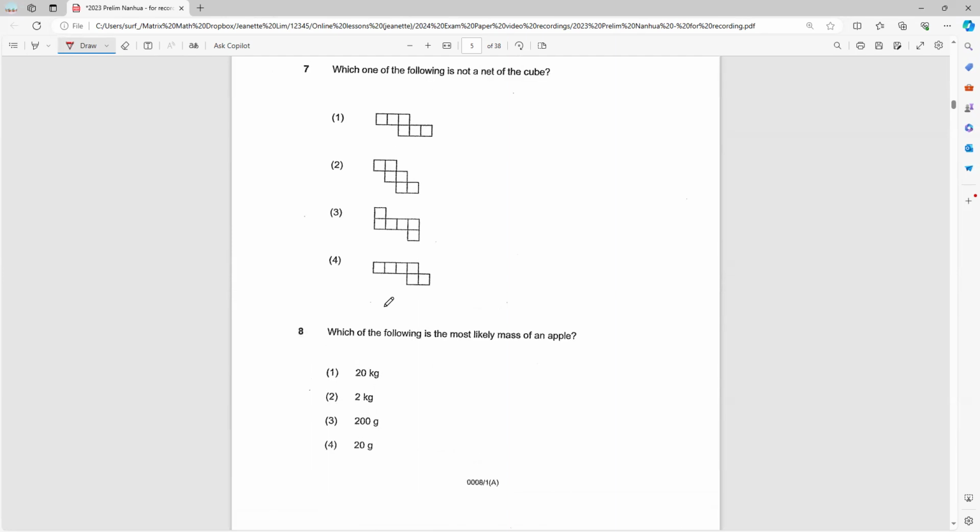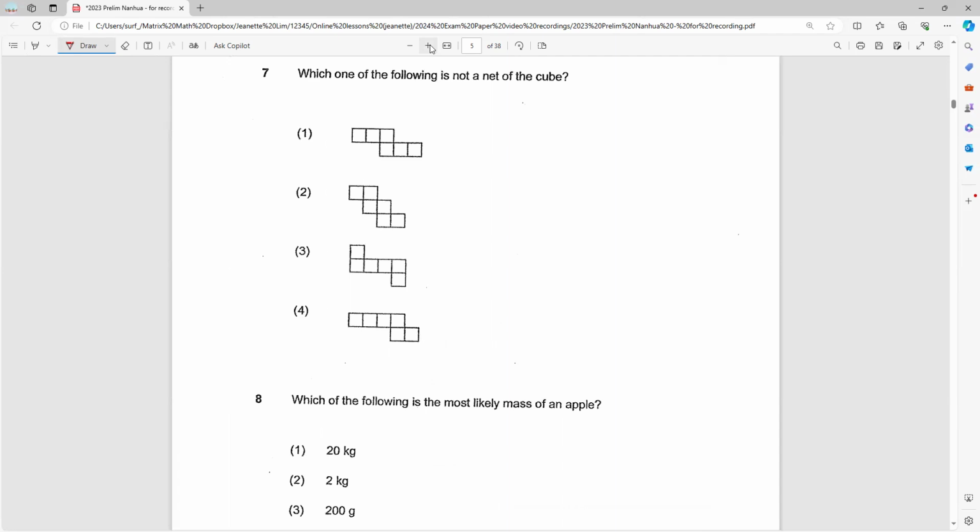Question 7, which of the following is not a net of the cube? Okay, so I'm going to go through each of the nets and see which one cannot be a net of a cube. I will identify the top first. So let's say this is the top and I have the sides here. If you wrap it, this one directly touching the top will be the sides.